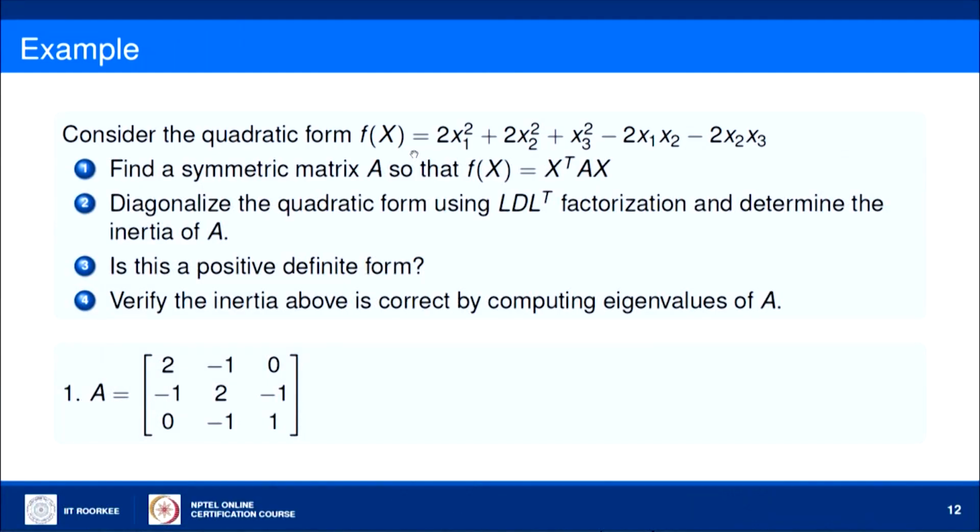In the same way, we can have a diagonal form or quadratic form. So, consider the quadratic form f(x) equals 2 x1 square plus 2 x2 square plus x3 square minus 2 x1 x2 minus 2 x2 x3. Find a symmetric matrix A so that f(x) equals x transpose A x.